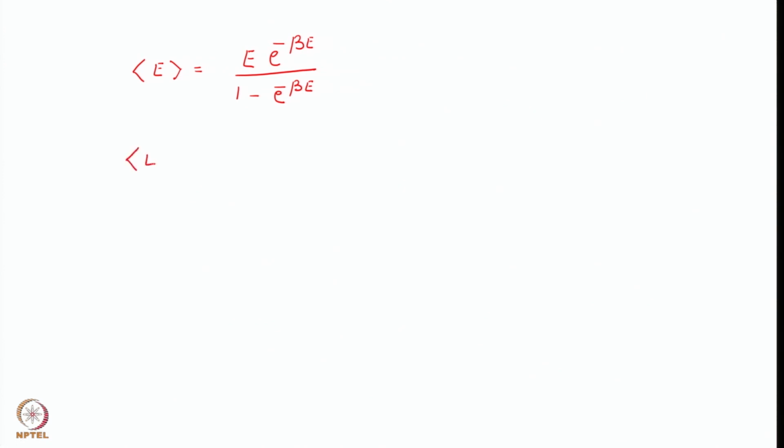I multiply and divide the numerator and denominator by exponential beta E, so I can write mean energy as E divided by exponential beta E minus 1. So, I have now come up with this expression for mean energy.